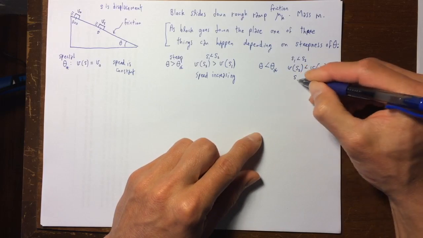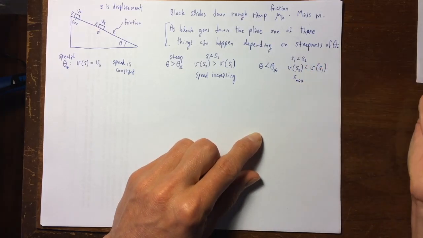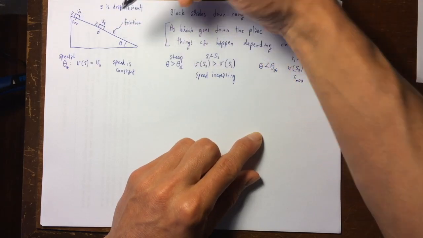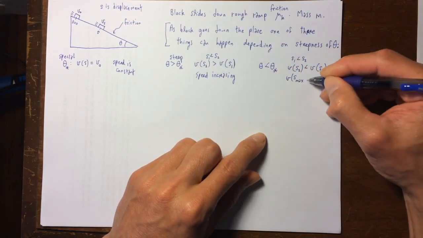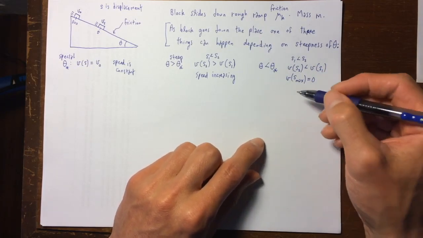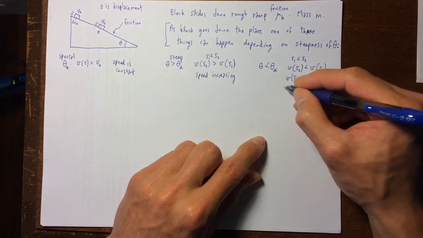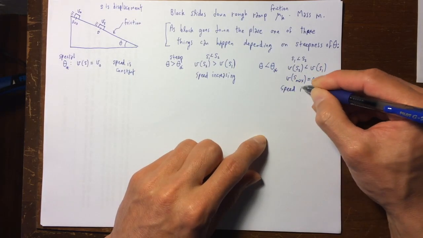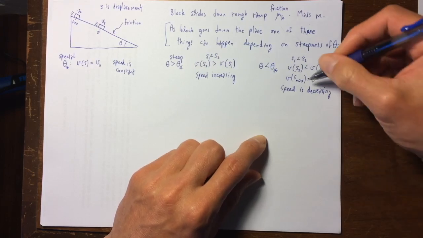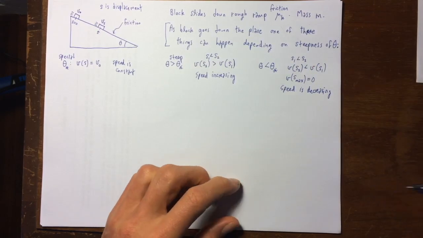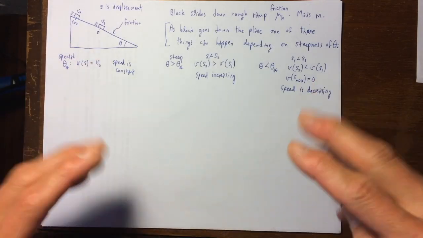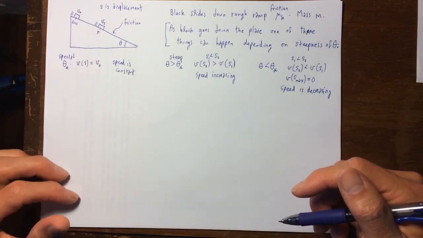There is, in this case, some maximum position that the block will get to, such that the velocity at that maximum position will have the value 0, right? We expect the block to slow down and stop. So the speed is decreasing ultimately to some value where it stops, and it's not like it's going to bounce back up the plane, right? It's friction, just sort of deadening out the motion.